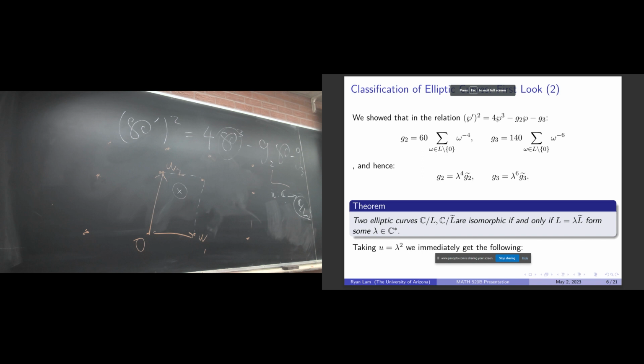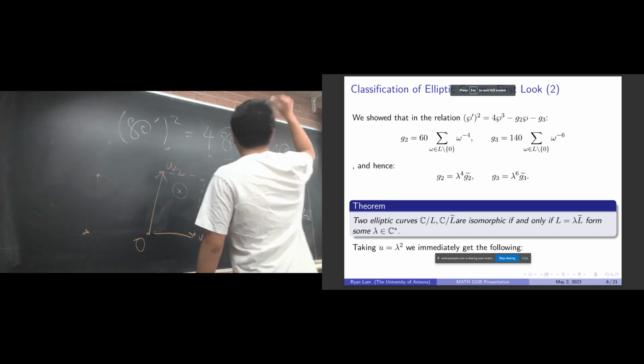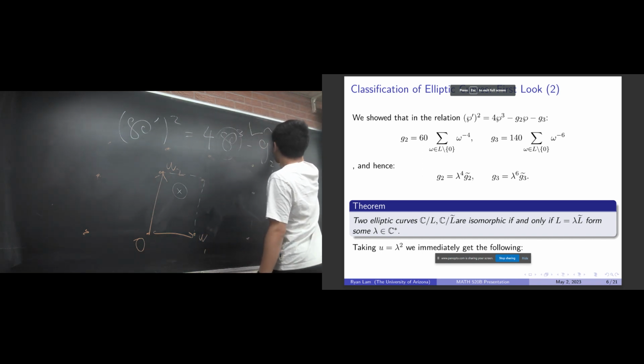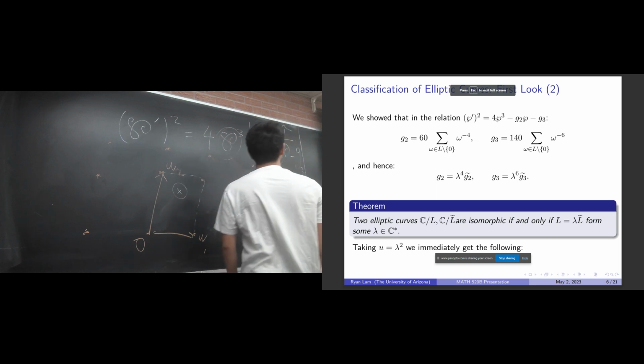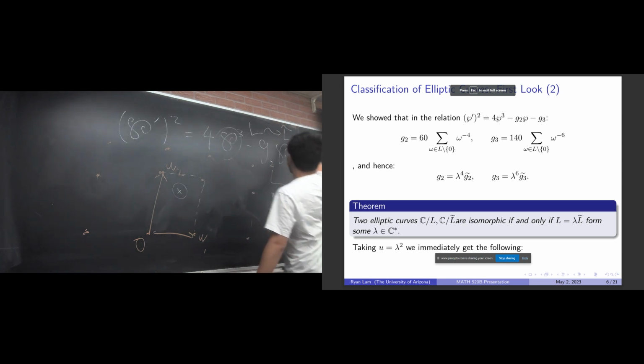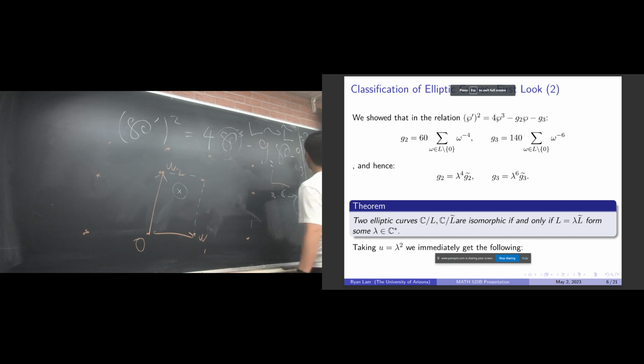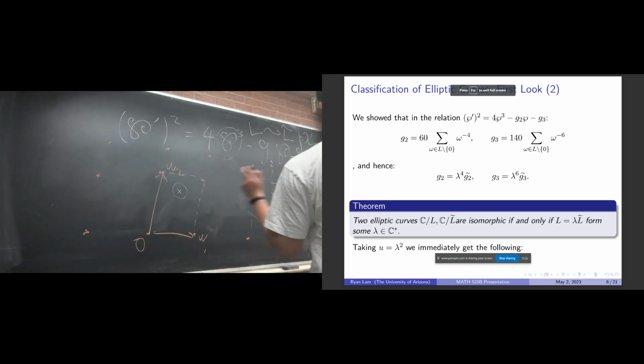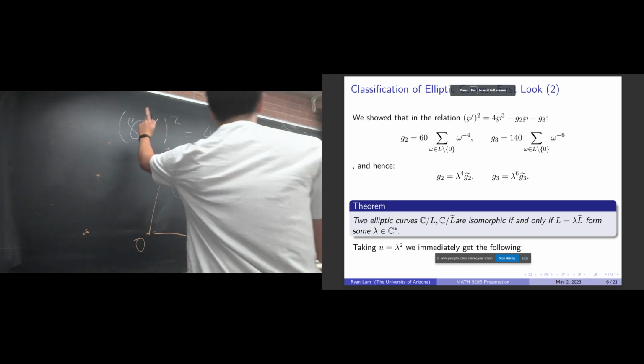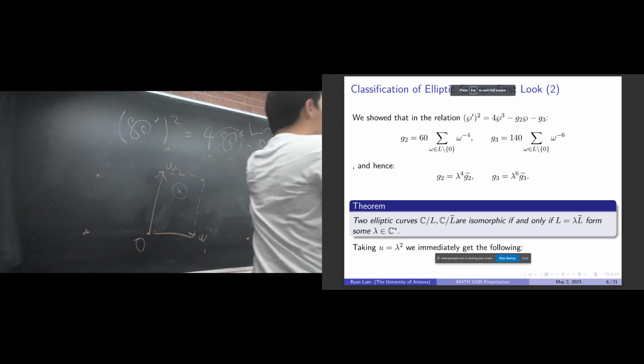And I use tilde to show that L is changed to the lattice L tilde, where L tilde is lambda L.